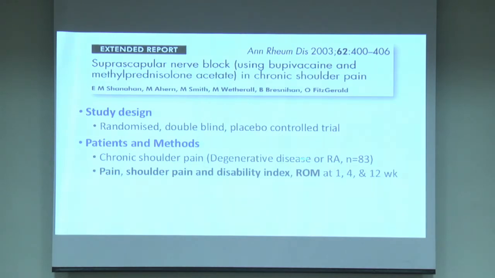What they did was look at the disability index together with the range of motion up to about 12 weeks. The results were quite interesting: all the pain scores, the disability scores, and the range of movements improved with a suprascapular nerve block using bupivacaine and methylprednisolone as a single injection. So just a single injection would do the trick in these kinds of frozen shoulders.